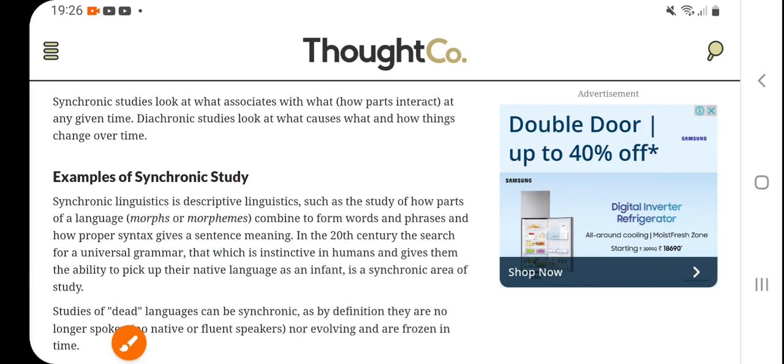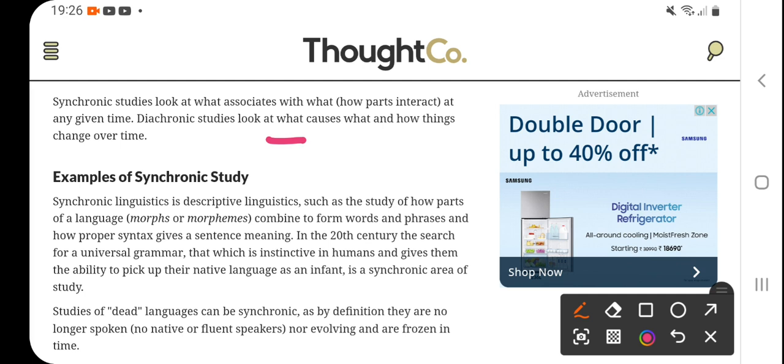So what does "what causes what" mean? Any change, and the reason behind this change. And "what is associated with what" means, for example, the verb will be preceded by a subject and followed by an object. That's a study that approaches synchronic studies.